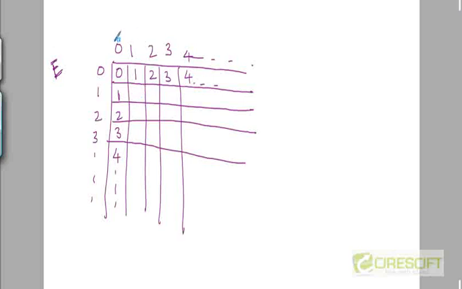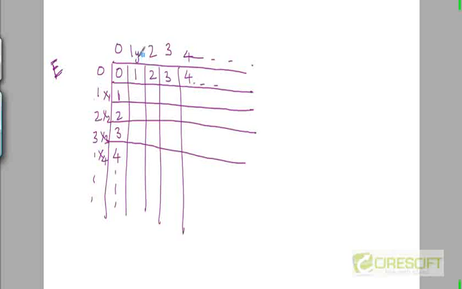Now also think of lining up the characters of x along the rows. So I'm going to line up x1 over here, x2 over here, x3 over here, x4 over here.